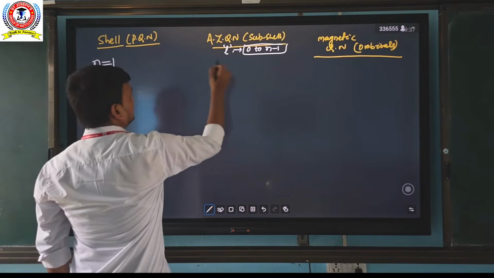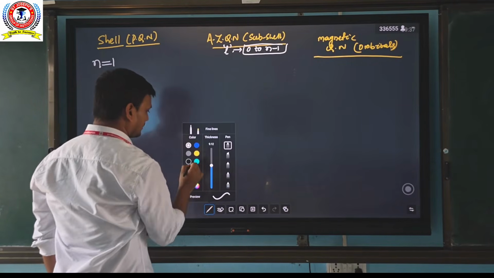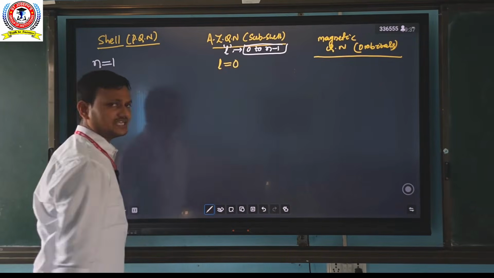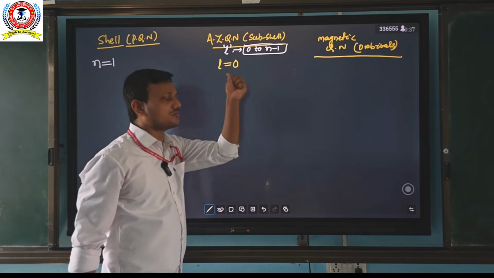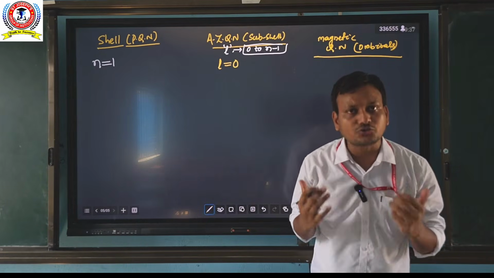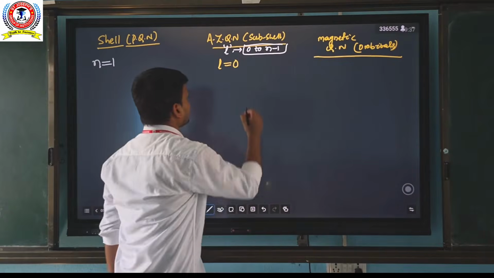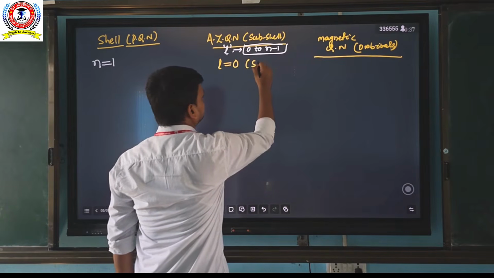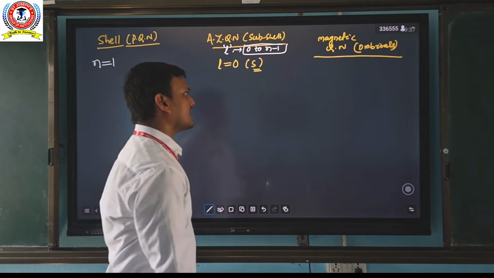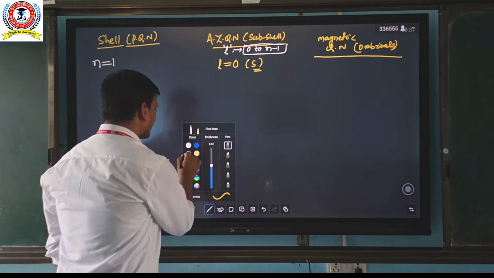If we put n is equal to 1, the result comes out as L is equal to 0. Since there is one value, L is equal to 0, one subshell is present. This is the s subshell.